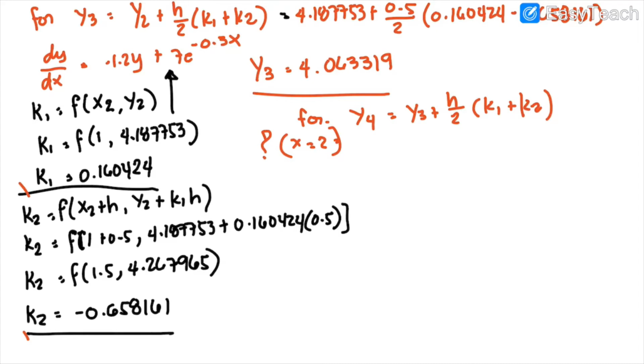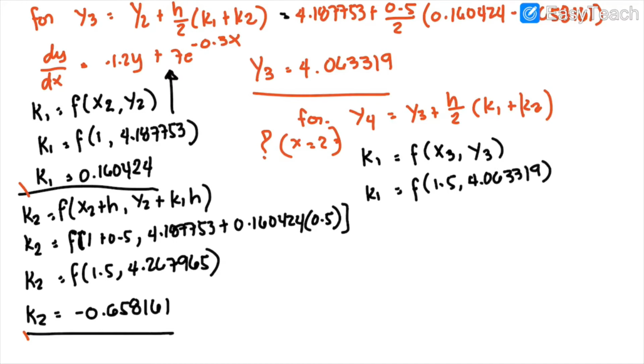Again, using the same equation, k1 is equal now to f of x3 and y3. So k1 is equal to f, x3 is 1.5, y3 was computed as 4.063319. So k1 is now equal to negative 0.412586. So yan lang naman yung hinahanap natin dyan.